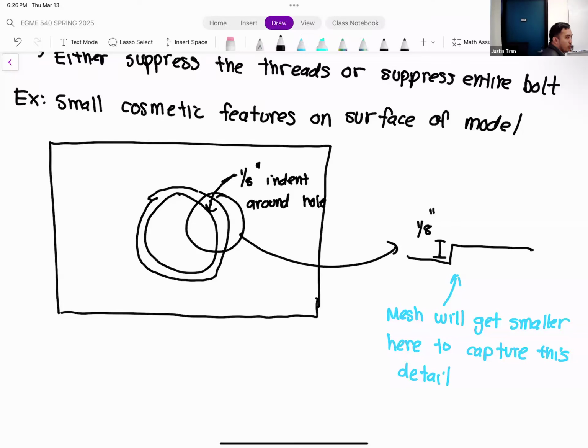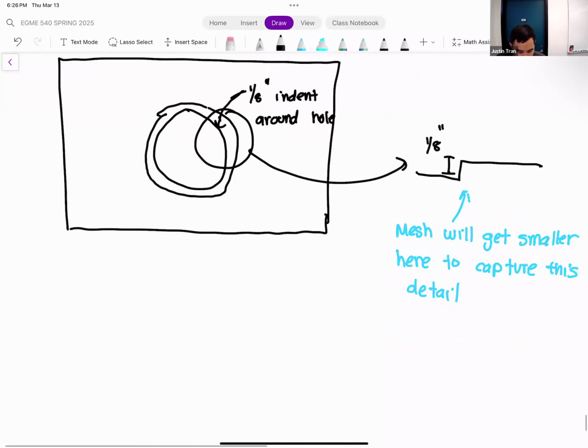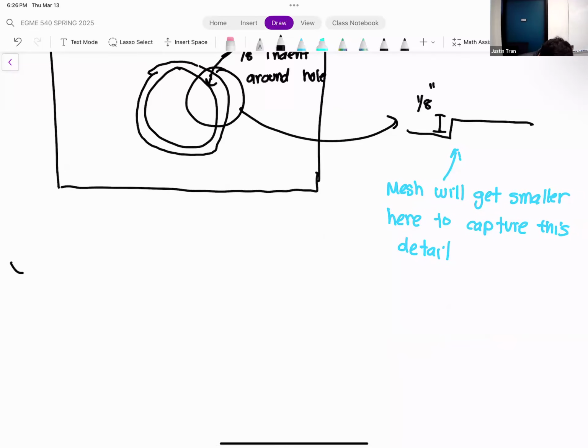So what can you do if you have a situation like this? Let's say you inherited a CAD model and it has these features. What are your options? Well, the best option, if you're able to modify the CAD file yourself, would be to remove all these fine features, suppress the threads or suppress these small indents, and recreate the CAD model.